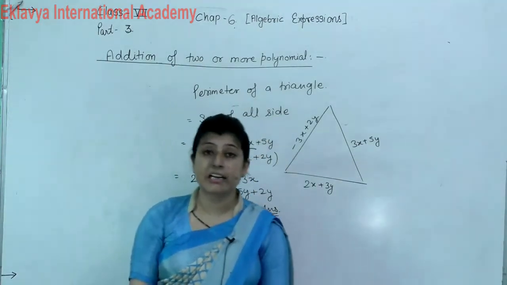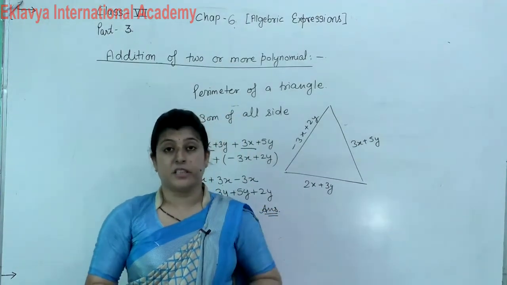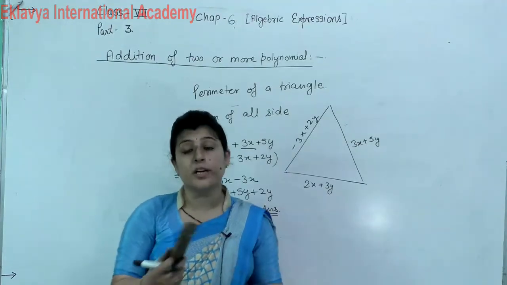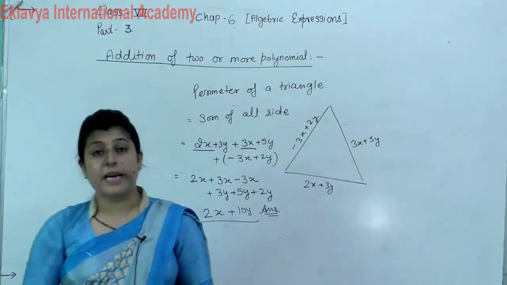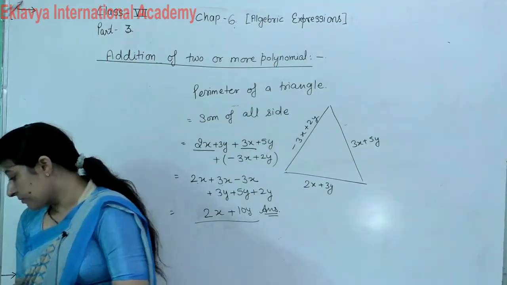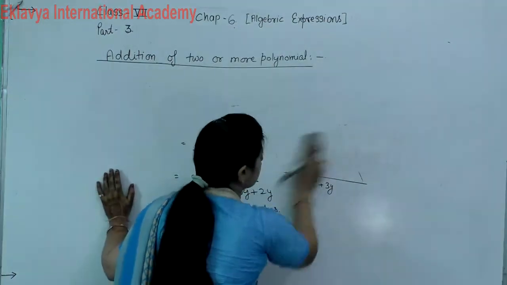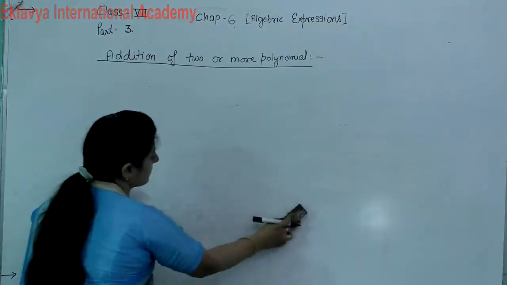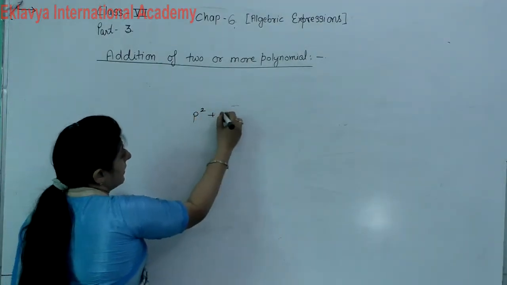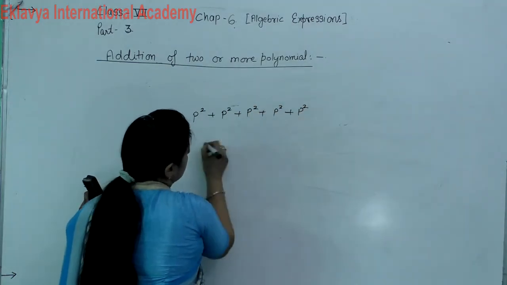Perimeter of a rectangle, then what is the perimeter of a rectangle? Two formulas are there. You can take directly the sum of all sides, or you can write 2 into length plus breadth. Okay student? Okay, one more thing. Suppose I write p square plus p square plus p square plus p square plus p square, then what is it equal to?